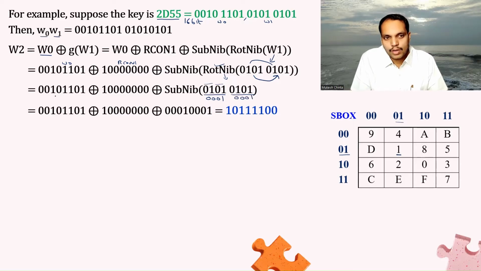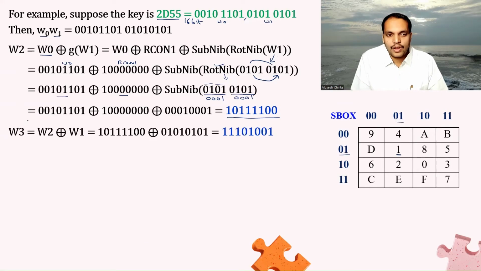Now you have your W0, you have the round constant 1, and you performed the G operation on W1 also. You got everything now. So you do an exclusive OR, you get the W2 value. Do check it out. You can do this in parallel, or if you want, you can write it down like this and do the same operations. This is how you get W2. W2 is only half of your round 1 key.